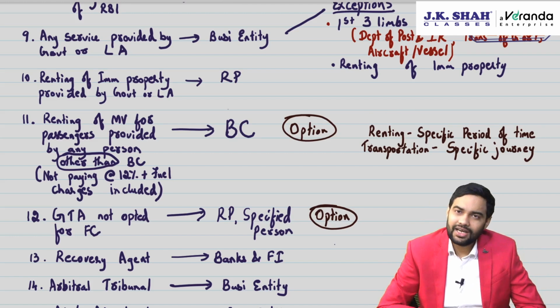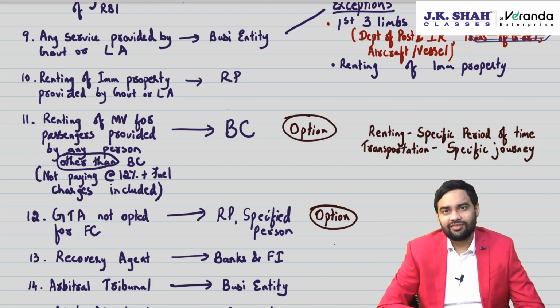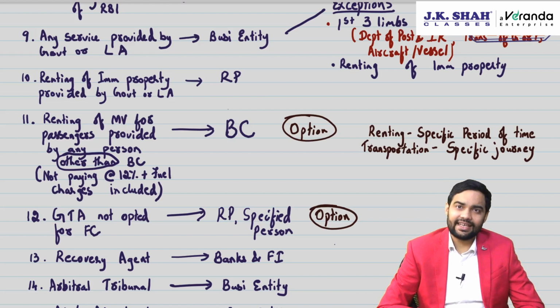It is left to my discretion. I will take it wherever I want for the next 4 hours, for the next 8 hours, for the next 1 day, for the next 1 month. So renting is for a specific period of time. That period of time can vary, but transportation is a specific journey. What is covered by RCM is only renting and not transportation of passenger.